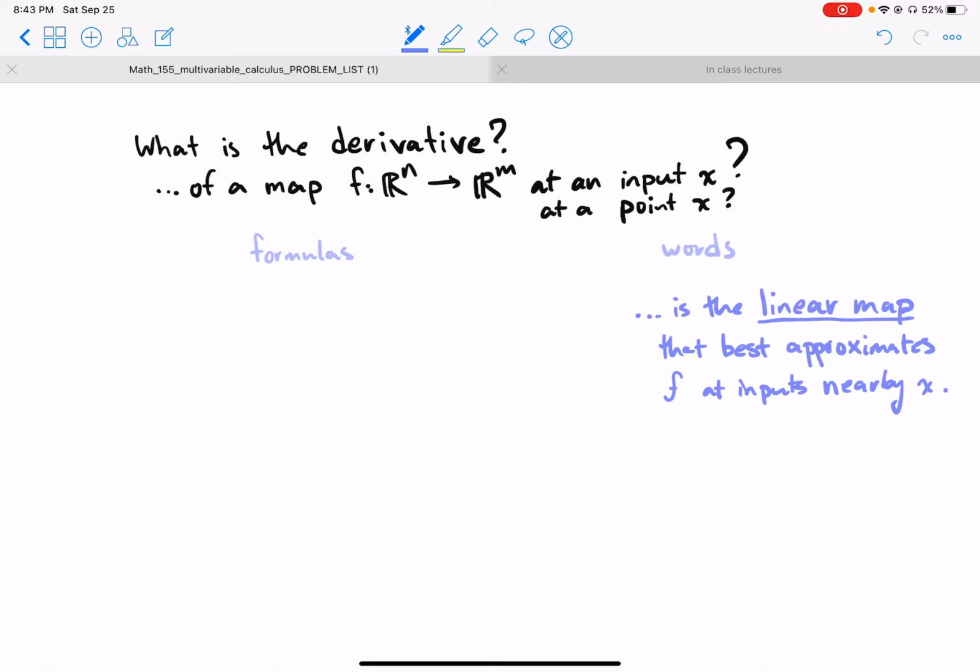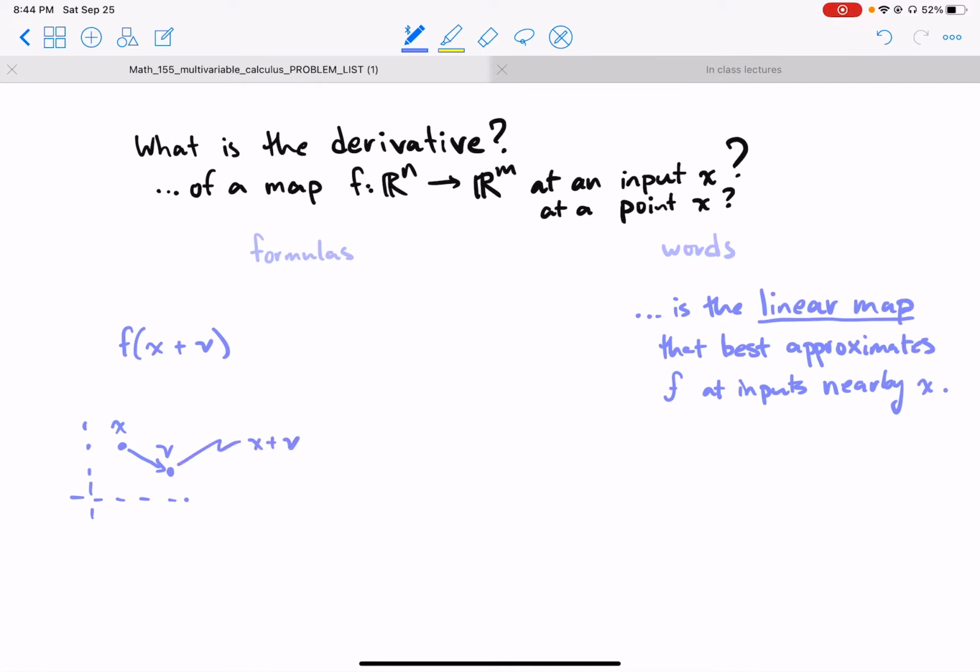And so in a formula, we'd say that f at x, well, plus a little bit of movement, so we're nearby x. We're not at x anymore, we're at x plus v. You know, if our input space is over here, and let's say x was here, well then we're at x plus v. Now this is the point, x plus v.